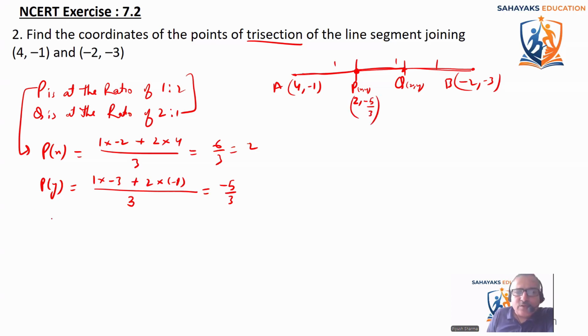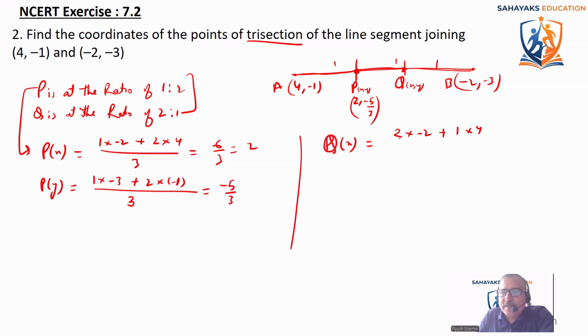Now in the similar manner, we are going to find the value of Q. Value of Qx. So the Qx comes out to be 2 into minus 2 plus 1 into 4 divided by 3. This comes minus 4, 4 minus 4 is 0. 0 by 3 is 0.